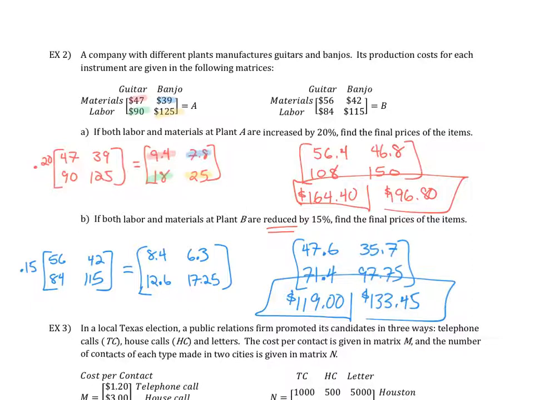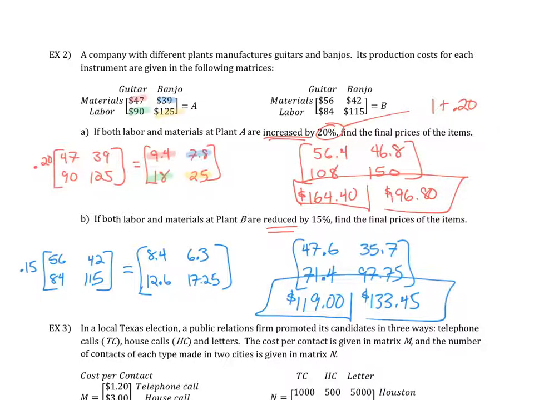All right, so there's that. Now there is a slightly faster way that we could have done these two exercises, and I'm going to go over that very briefly. Since we are increasing, again, important word there, increasing by 20%, if we just add that 20% as a decimal to 1, 1 represents the original cost of everything over here in this matrix, and the 0.20 represents the additional increase that we would have there.